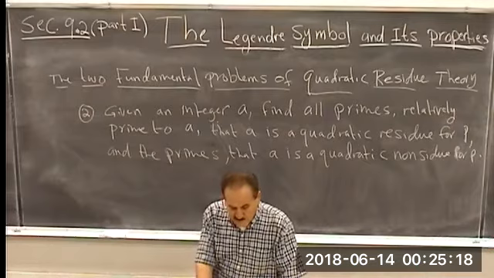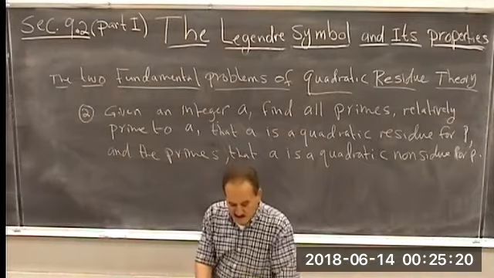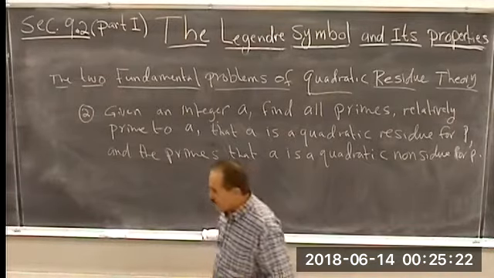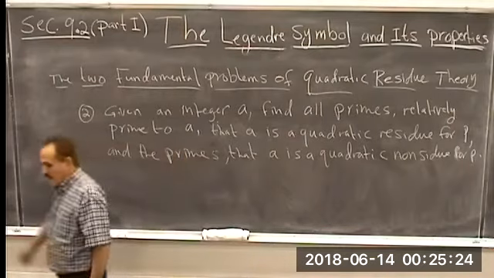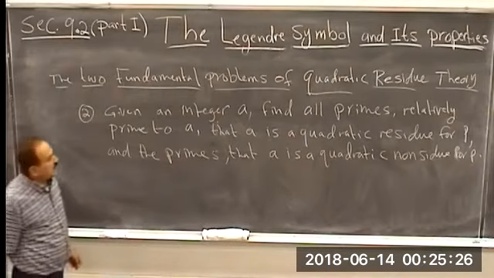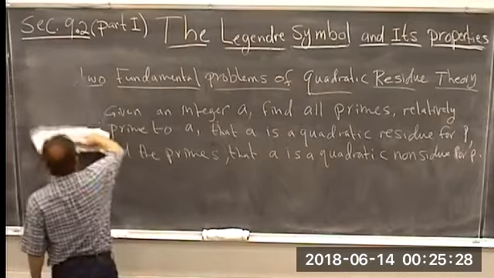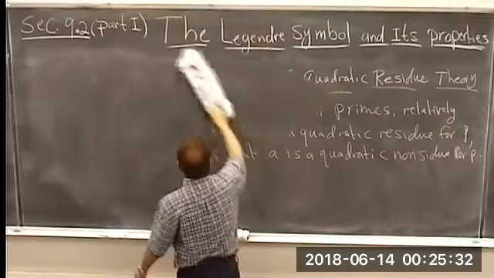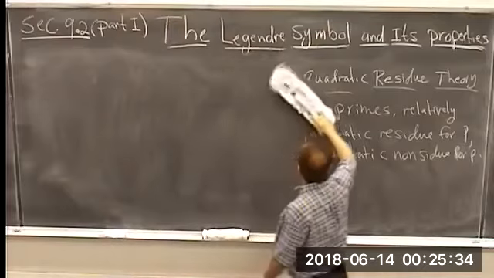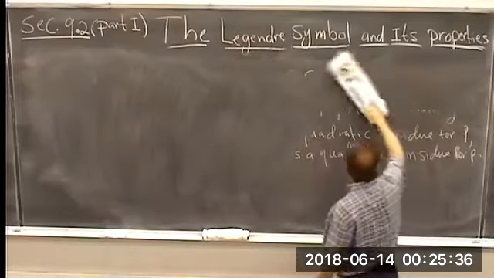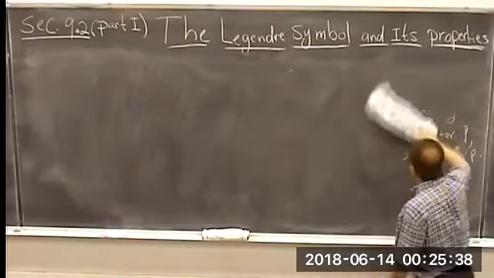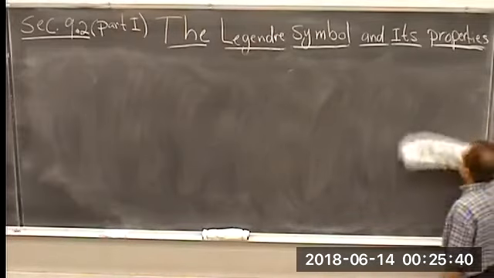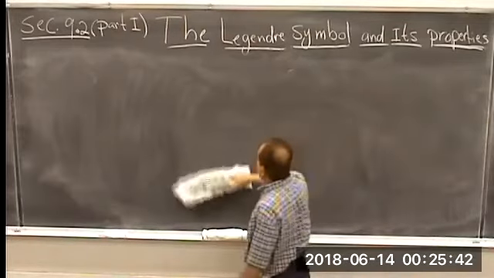Well, let's look at some of the applications of the Legendre symbol. As you recall, in chapter 3, we have shown there are infinitely many primes of the form 4k plus 3. Now I'm going to show a similar result, that there are infinitely many primes of the form 4k plus 1.